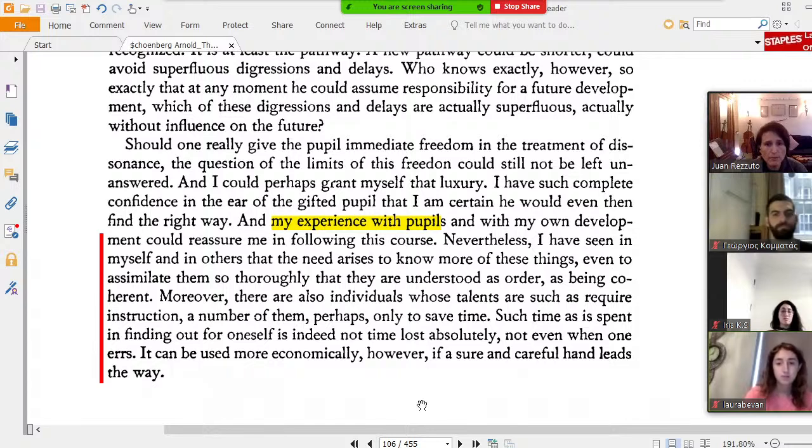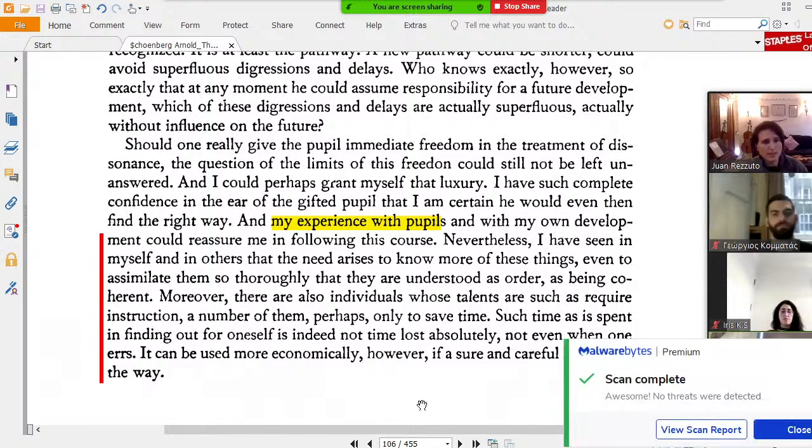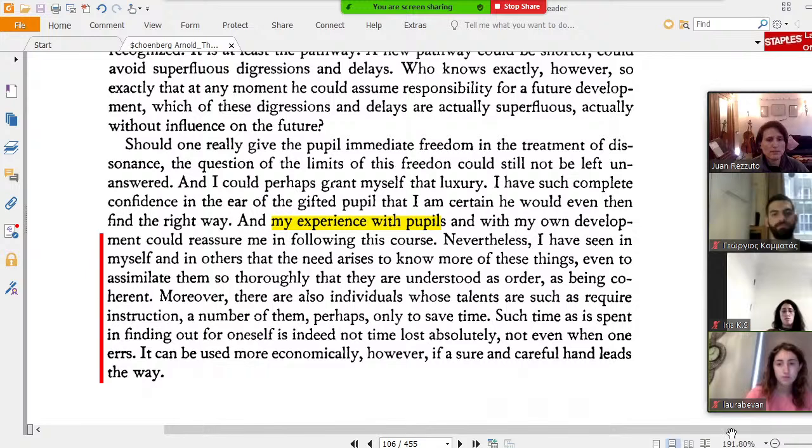A number of them, perhaps, only to save time. Because at the end of the day, such time as is spent in finding out for oneself is indeed not time lost absolutely. Not even when one errs, that is, makes mistakes. It can be used more economically, however, if a sure and careful hand leads the way.